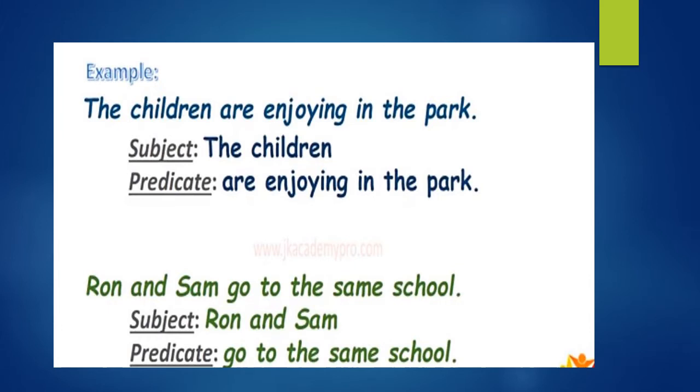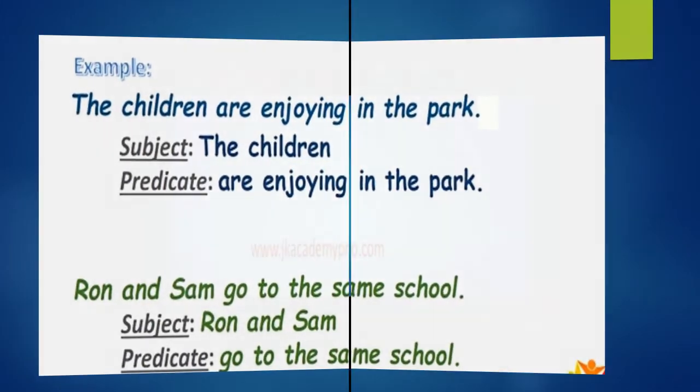Second example, Ron and Sam go to the same school. Here we are talking about Ron and Sam. So they are the subject. And what are we saying about them? That they go to the same school. So predicate is go to the same school.